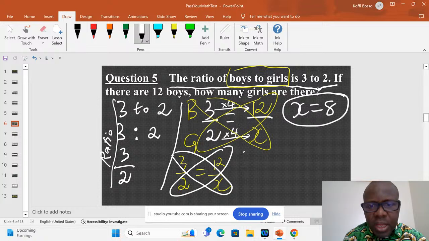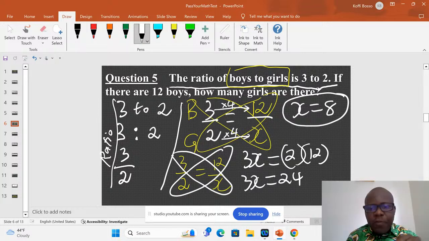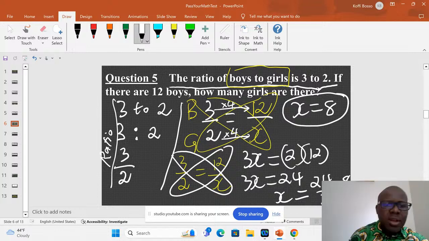So 3x is the same as 24. To solve for x, x will be 24 divided by 3, and that gives you 8.